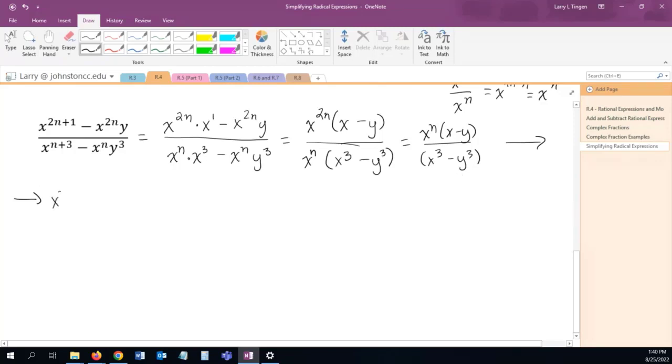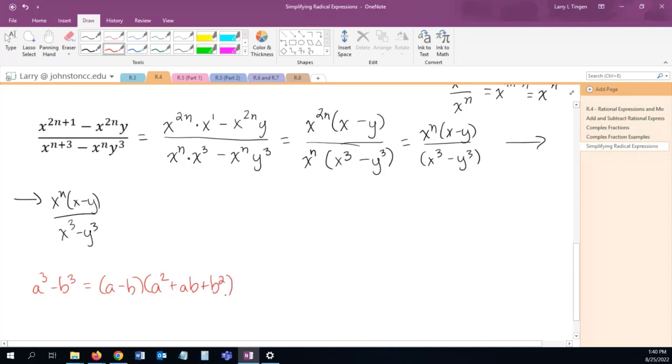All right, so let me just write this out again down here so I don't do something important in the middle. The denominator is the difference of cubes. The rule says that if I have a cubed minus b cubed, this is equal to a minus b times a squared plus ab plus b squared.